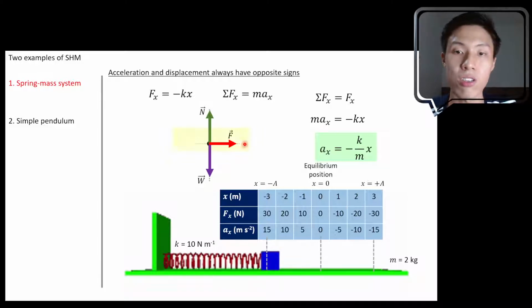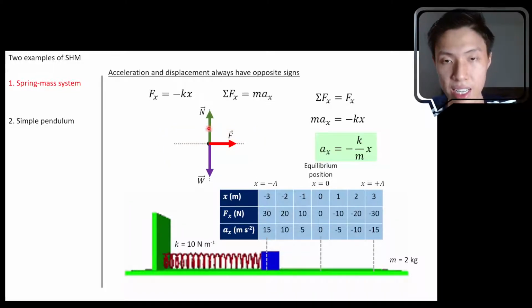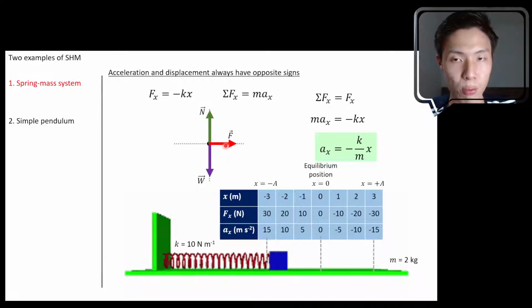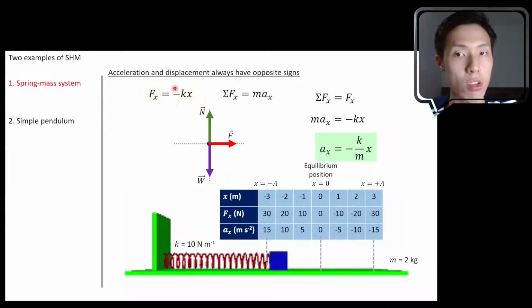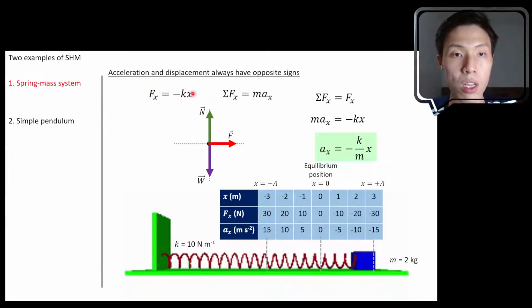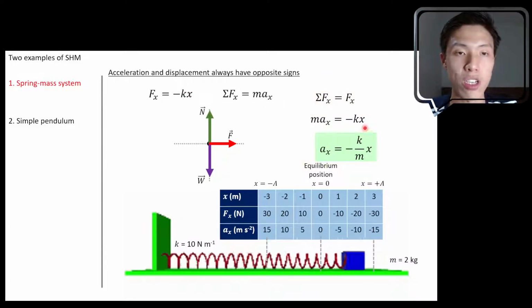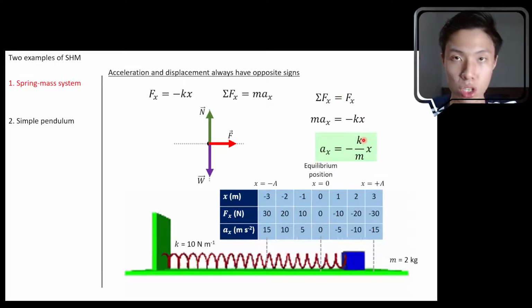That's why we draw a free body diagram. We determine it to be the restoring force of a spring. Therefore, we determine the x component of the restoring force of a spring. Once we know that, we can equate the sum of force in the x dimension with the restoring force of a spring, and from there we obtain this equation.